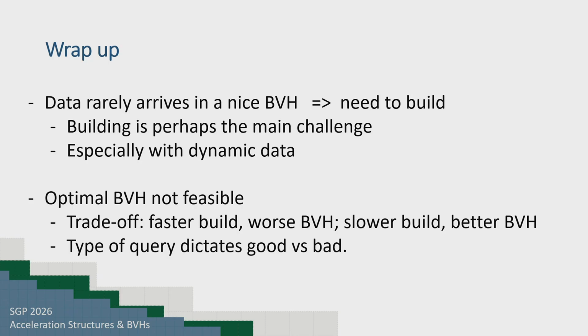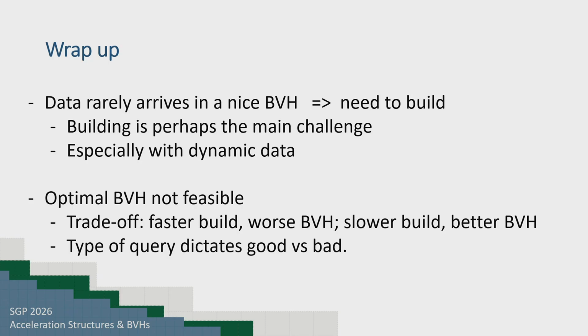What exactly defines a good BVH will really depend on your use case. It depends on what kind of queries you do. Is it ray tracing? Is it range queries? Is it collision detection? You want to make sure that you pick a build or a measure that matches this use case.